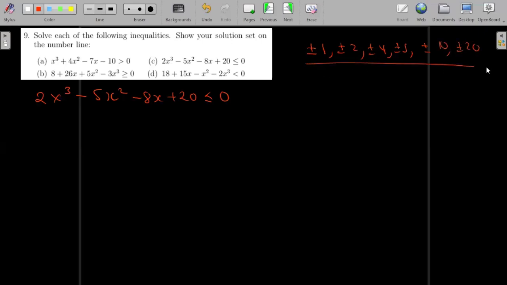And of course you're dividing by factors of 2, which are just plus minus 1 and plus minus 2. If we divide by 1, we just get the same values, which is plus minus 1, plus minus 4, plus minus 5, and plus minus 10, plus minus 20.